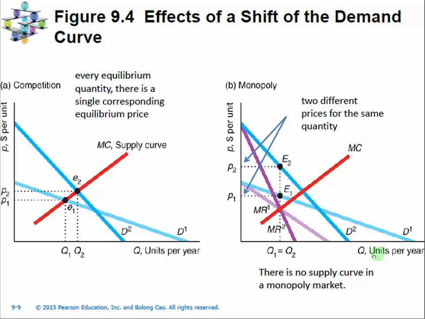However, in the monopoly market, there is basically no such concept as a supply curve because we don't really have a shape for it. It may just be a couple of dots for what we can observe.